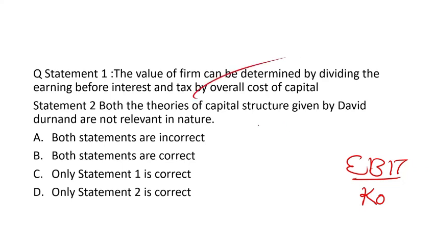Let's see statement 2, both the theories of capital structure given by David Durand are not relevant in nature. First of all, try to understand the capital structure theories are classified into relevant theories as well as irrelevant theories. The irrelevant theories of the capital structure are net operating income approach as well as Modigliani-Miller approach. Then the relevant theories are basically the net income approach and traditional approach.